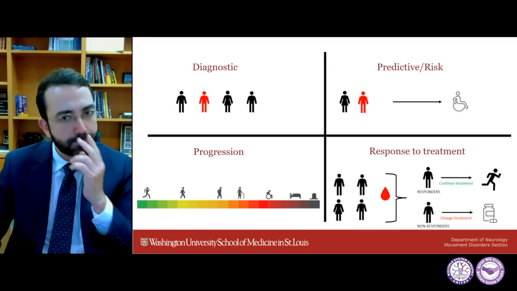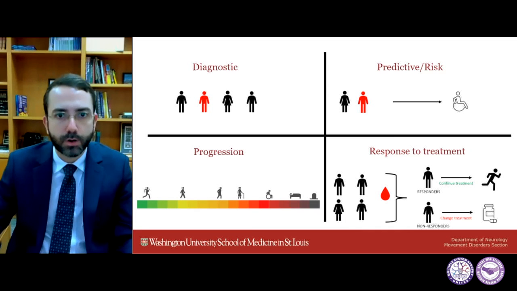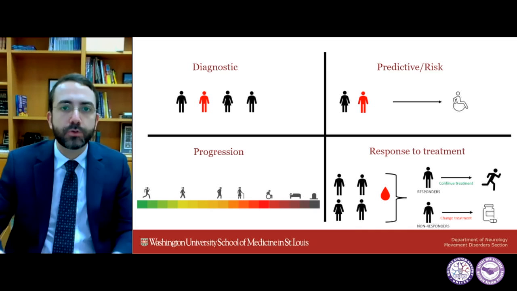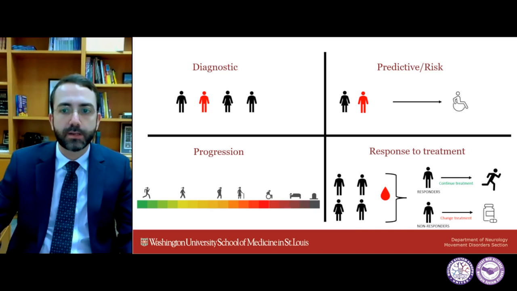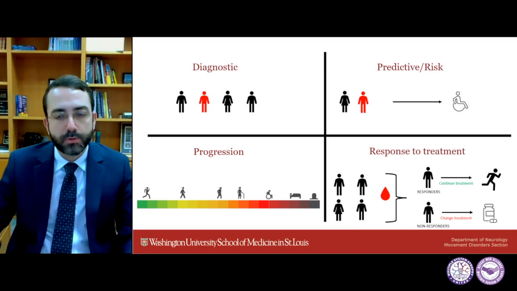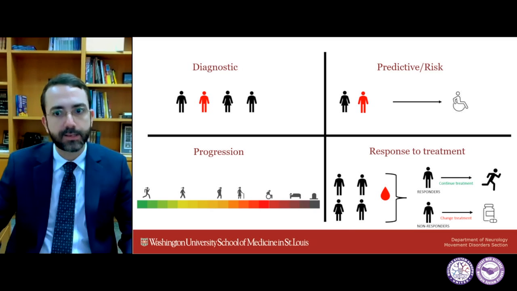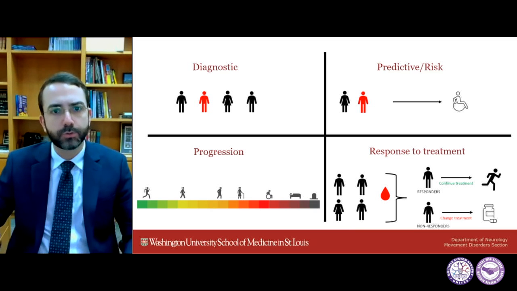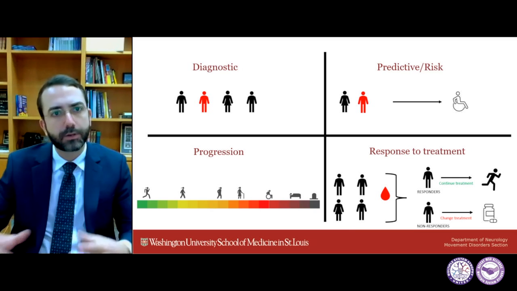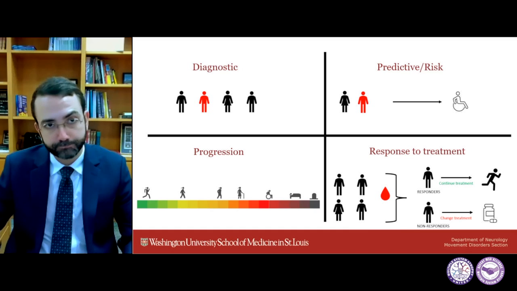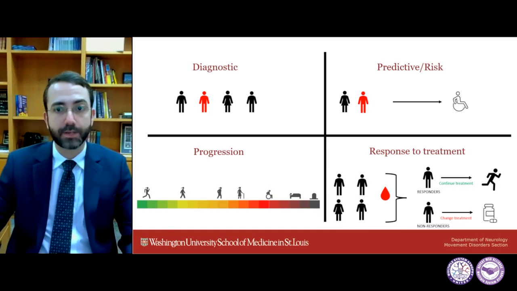Now, when we're talking about clinical biomarkers, we have to keep in mind that there are many goals and many different types of biomarkers. If we think about neurofilament light chain, we can also use this as a guideline to better understand this presentation. A biomarker can be diagnostic.